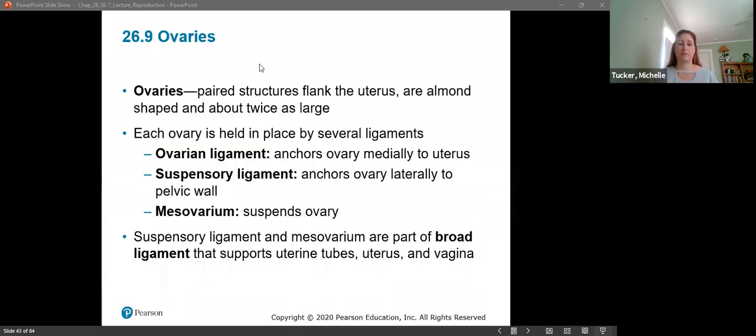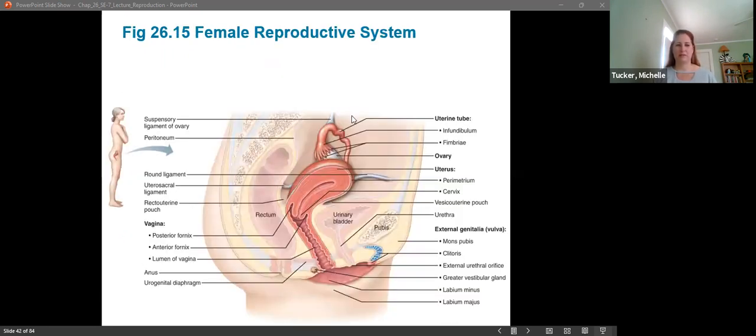The ovaries are paired structures that flank the uterus. They're about twice as large as an almond, so not terribly large, but very productive. Each is held in place by several ligaments. If you go back to this one, there is the suspensory ligament on the top section.